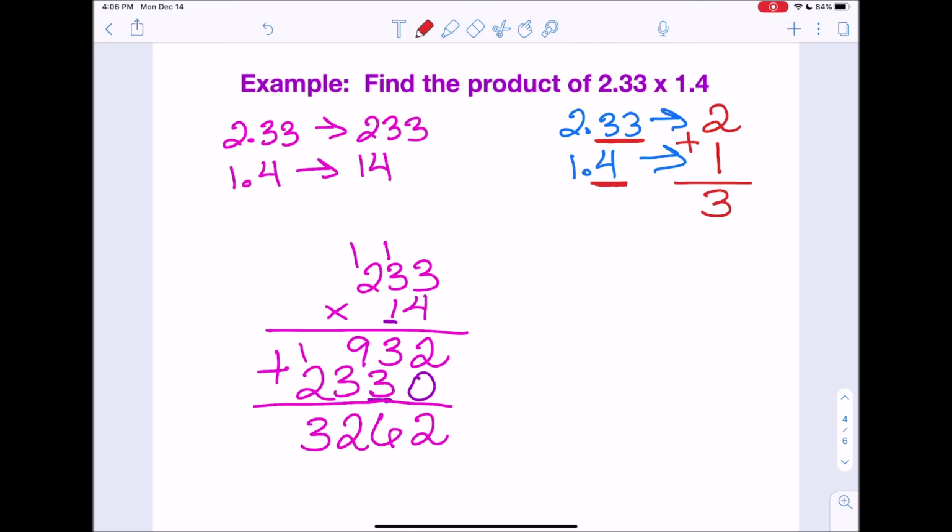So that means there's going to be 3 numbers after the decimal. Now I can look at this and go, well, if there's 3 numbers after the decimal, then the decimal has to go between the 3 and the 2. But if you're not comfortable with that, then just start from the back and work your way forward. So starting from the right, I'm going to work my way to the left 3 spaces. 1, 2, 3. And it should go there. So our answer is going to be 3.262.